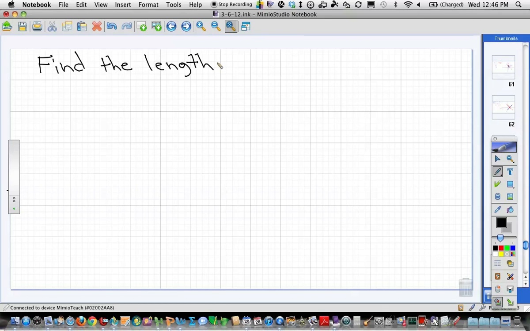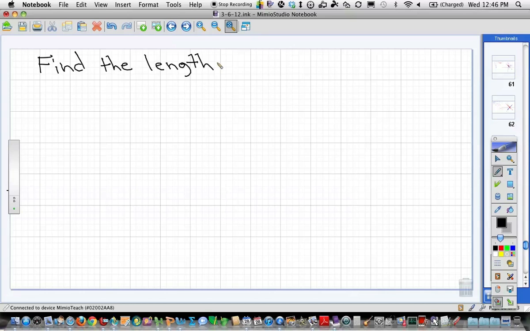Section 7.1 actually had two concepts in it. One was the area between two curves, and the second concept is finding the length of a curve, finding the arc length, if you will.